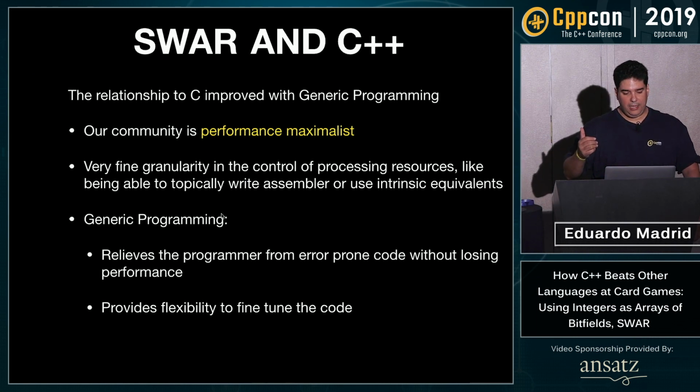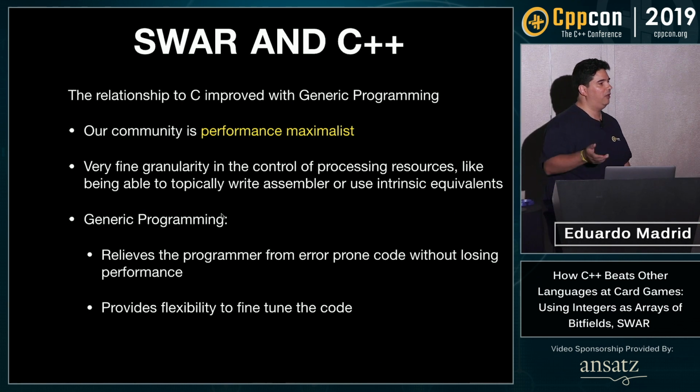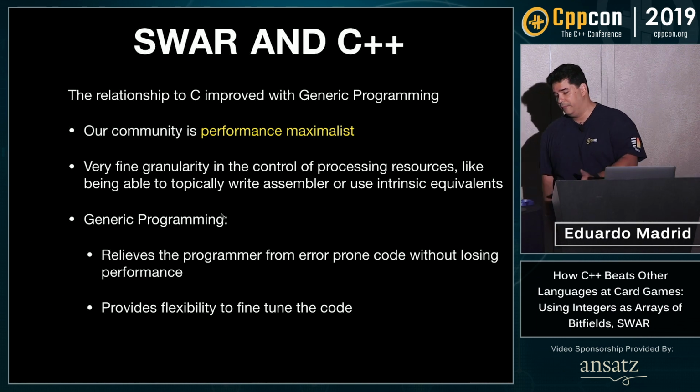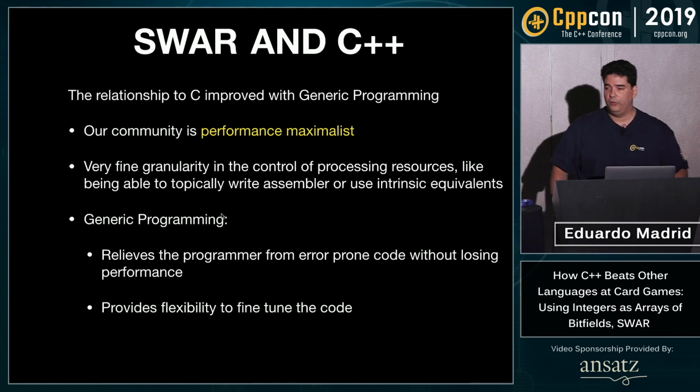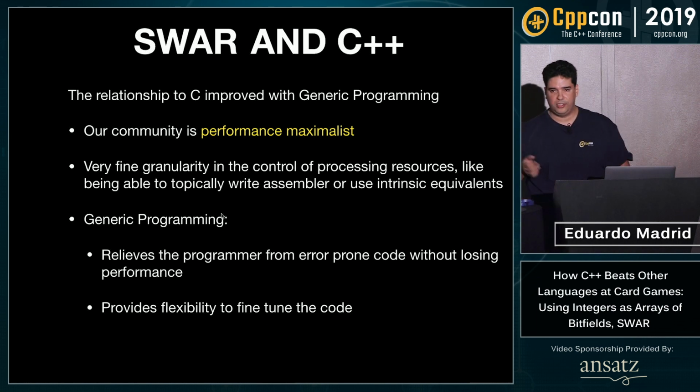And we also have the fine granularity of the control of processing resources that allow us to take advantage of them, including going off C++ into assembler when we need it, or perhaps use the very thin wrappers on the assembler that compilers such as the family of GCC and Clang give us.